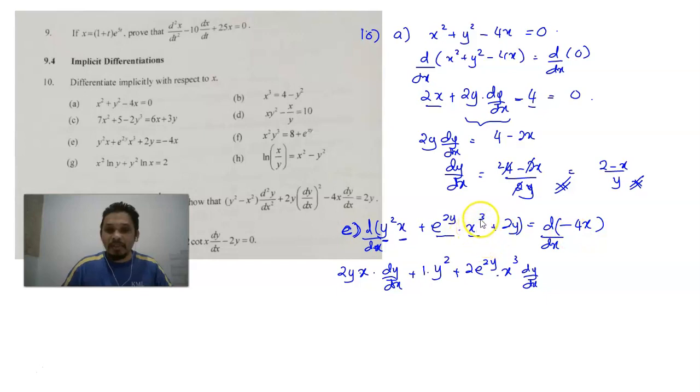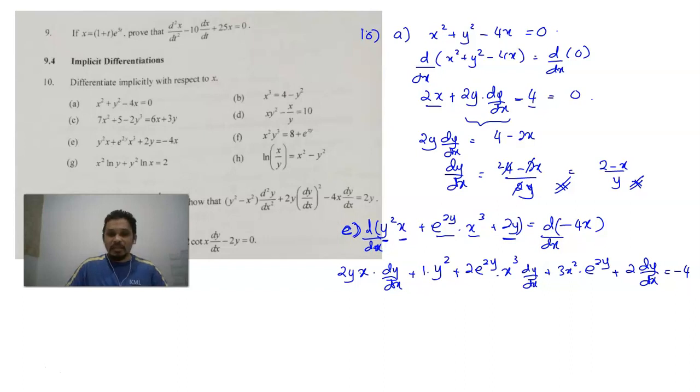Then differentiate x cubed, plus 3x squared times e power of 2y, plus the derivative of 2y, which gives 2, and because we derive y with respect to x, dy/dx, equal to the derivative of negative 4x, which is negative 4.